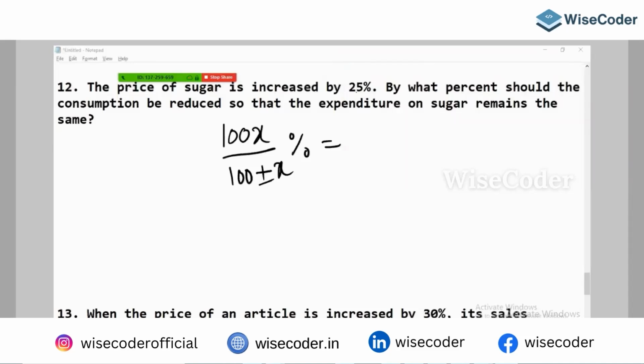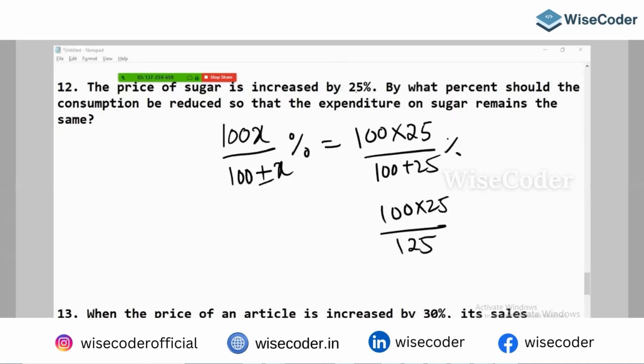Increased means plus sign, decreased means minus sign. So 100 into 25 by 100 plus 25, that is 100 into 25 by 125. So 25 ones are 25, fives are 5, 5 ones are 5, 20s are 20. So the answer for this question is 20%.